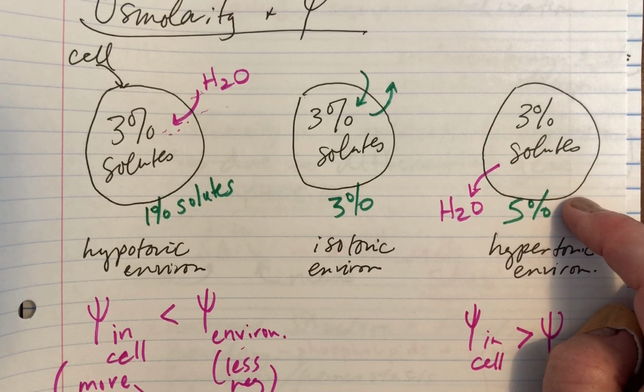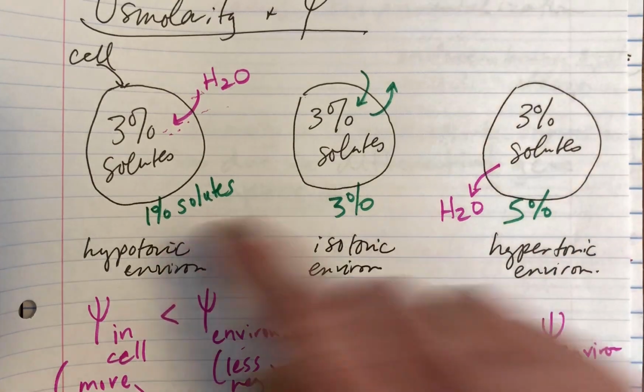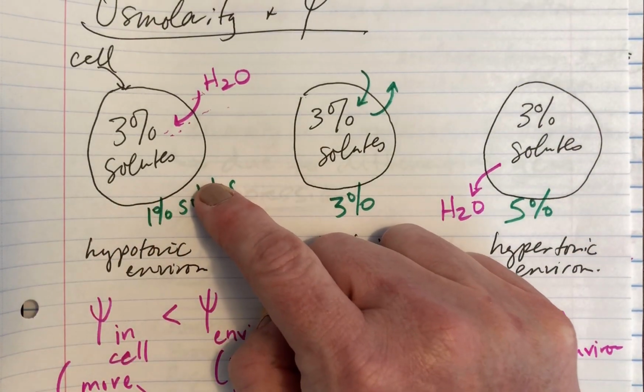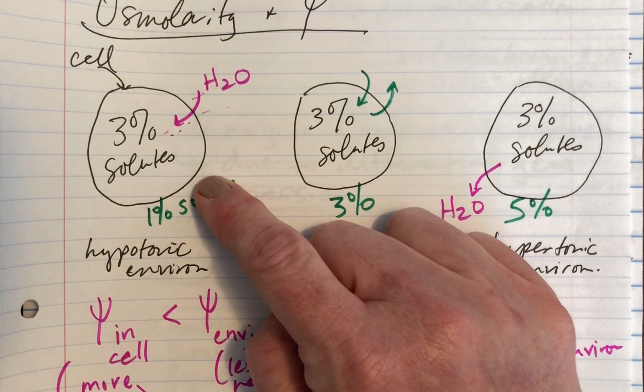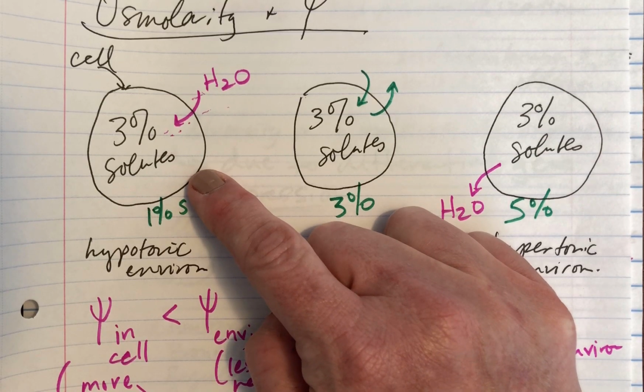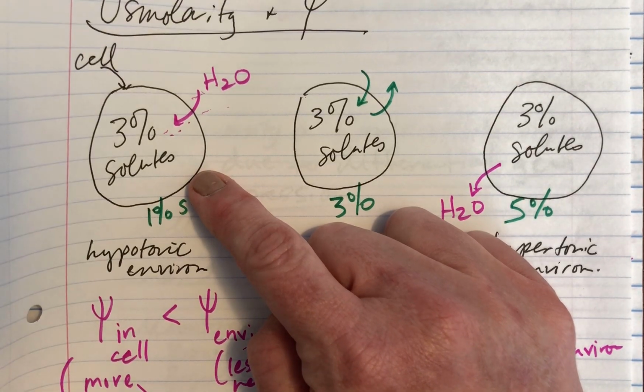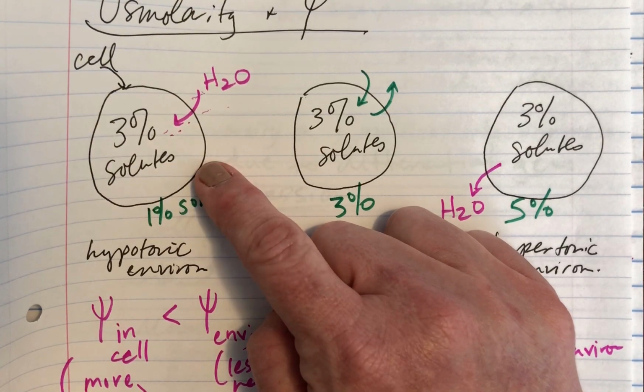Does that make sense? Or if a cell's in a hypotonic environment, it may remove solutes from its cytosol so that it gains less water. So cells, especially those living in aquatic environments, have ways to deal with it.